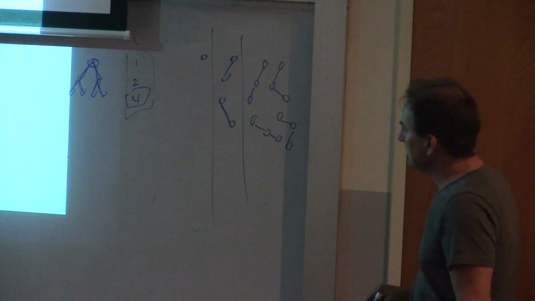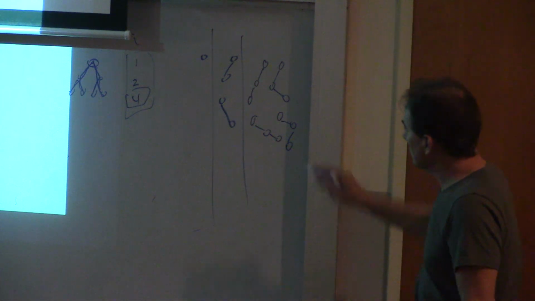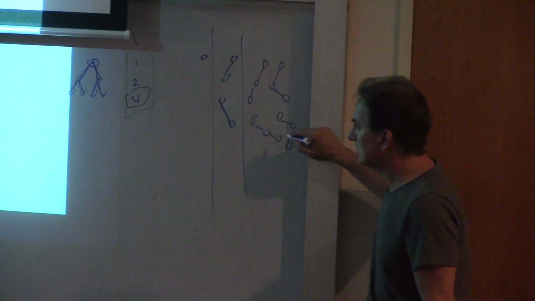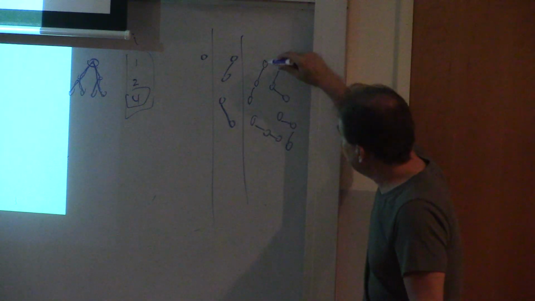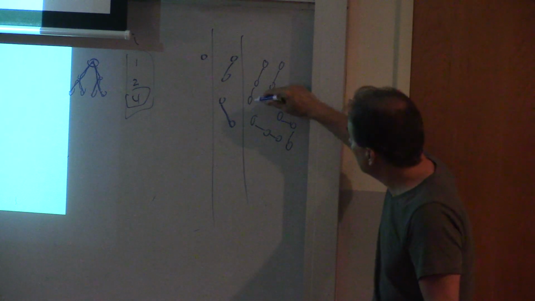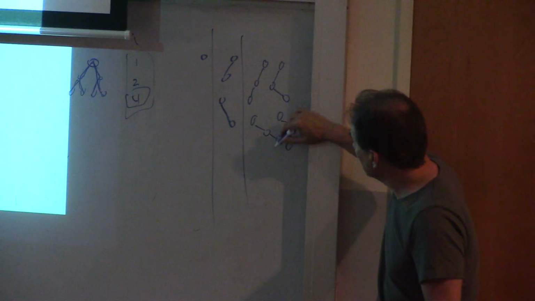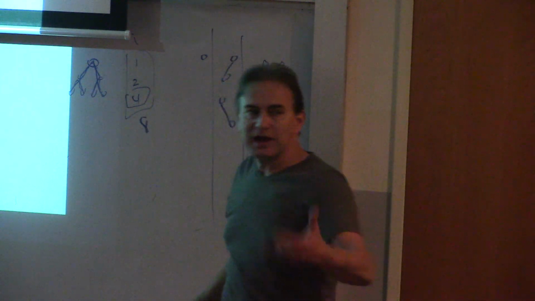How many ways can we make a skew tree of height 4? Well, there are 4 of height 3, right? We cannot add here, cannot add here, can add here, or here, here, or here, here, or here. How many? 8.